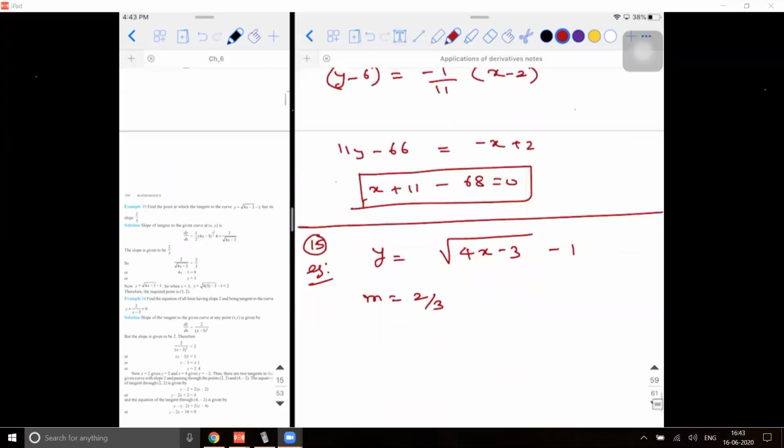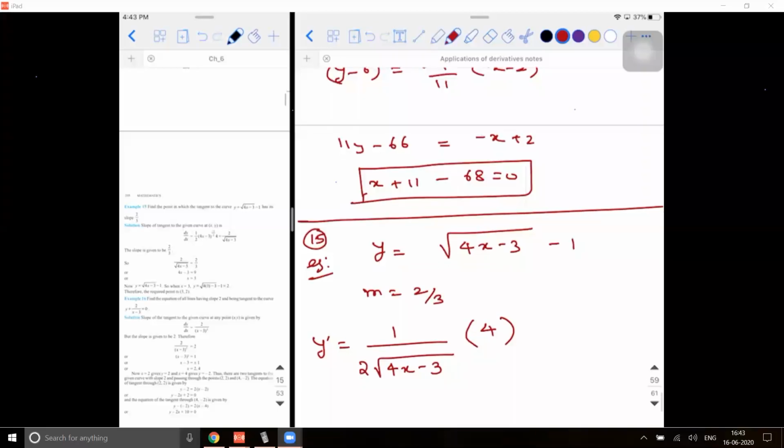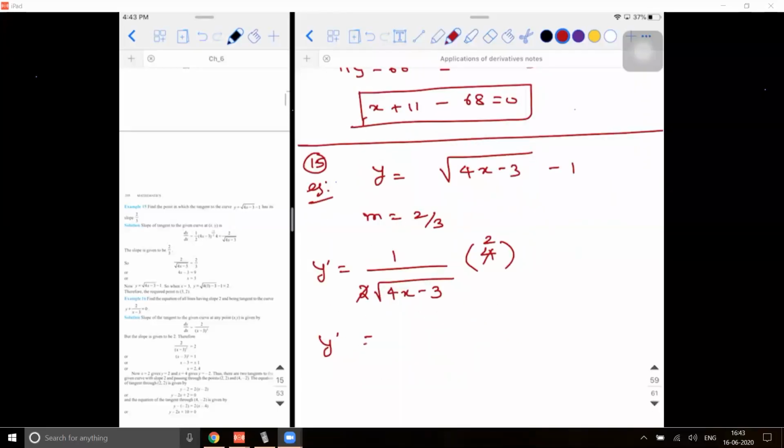So how to do this? y dash will be equal to 1 by 2 root of 4x minus 3, into the derivative of 4x minus 3, which is 4, minus the derivative of 1, which is 0. So this and this will get cancelled. So y dash will be equal to 2 divided by root of 4x minus 3.